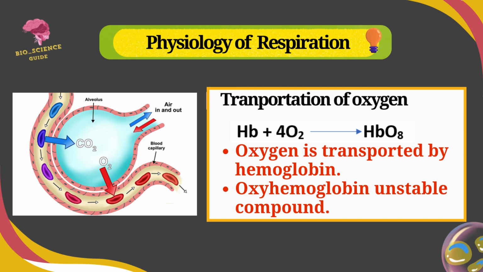One molecule of hemoglobin consists of 4 heme groups, so one hemoglobin can combine with 4 molecules of oxygen. Oxyhemoglobin is an unstable compound and it can dissociate quickly in the tissues.